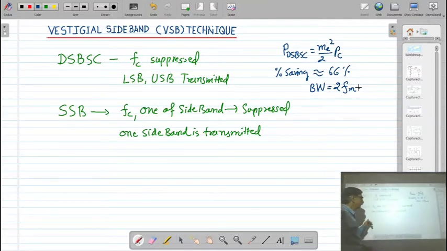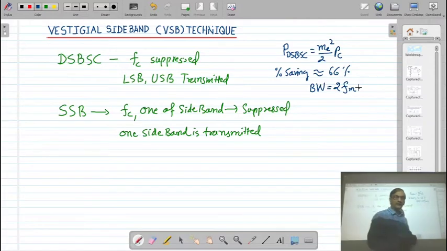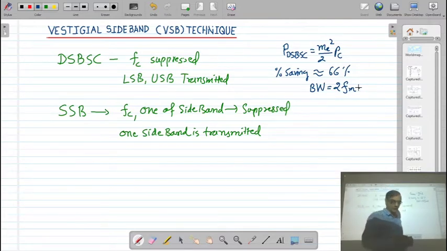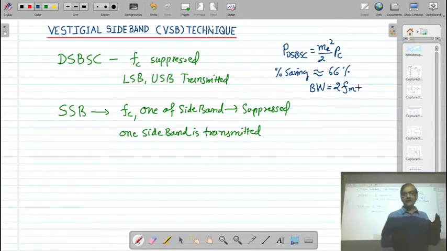Now what is the advantage of the SSB? Here the carrier frequency is going to be suppressed. But we know that the information in the LSB and the USB is the same. So instead of transmitting both sideband frequencies, if we can transmit only one of the sidebands, then the bandwidth can be reduced.